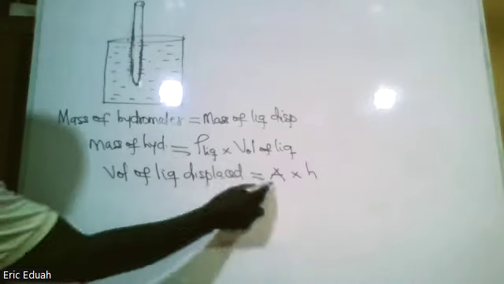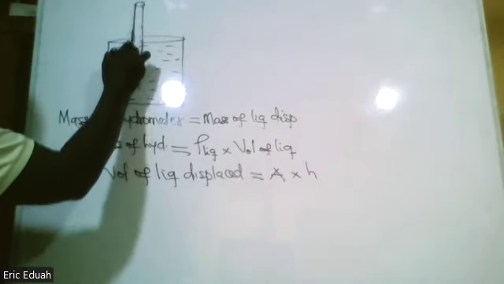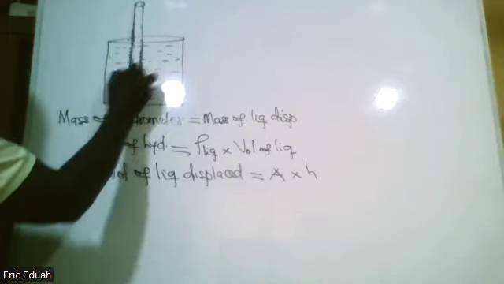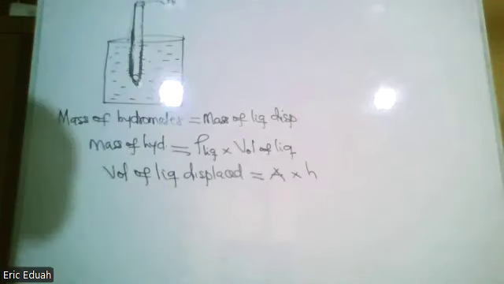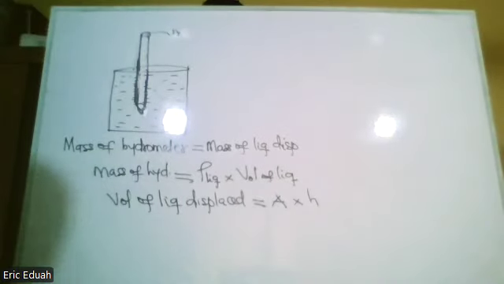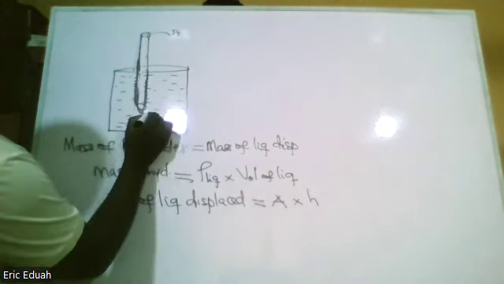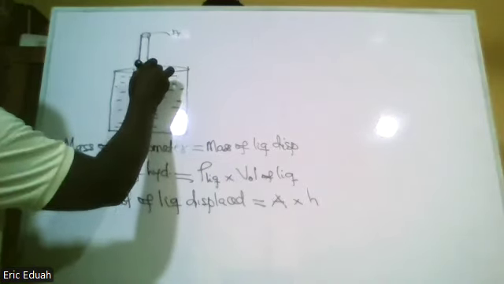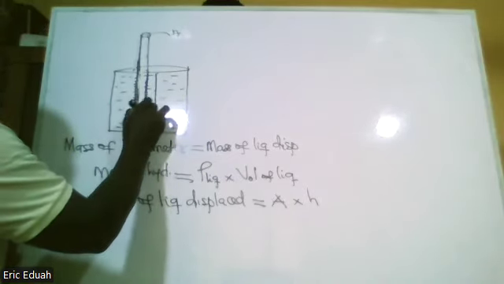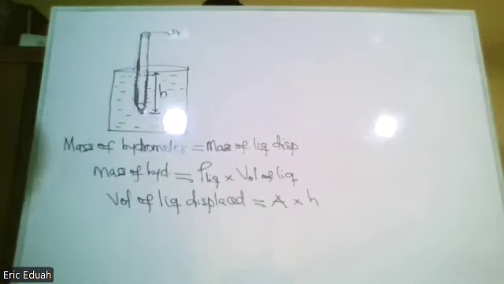And here, this area, we are referring to the uniform cross-sectional area of the hydrometer, A. Then the height is the height of submersion, the level H.